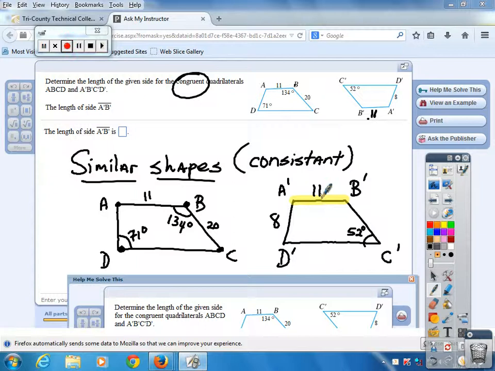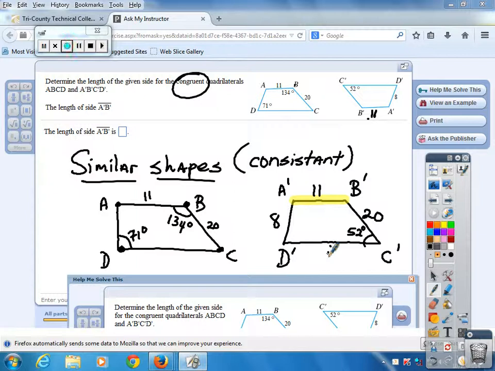Now that we've got one of these distances, we know that it will work out. So AB 11 is to 20 as 11 is to 20. So that means that this distance right here is going to be 20. In DC, we don't have that distance because they don't give us that distance.